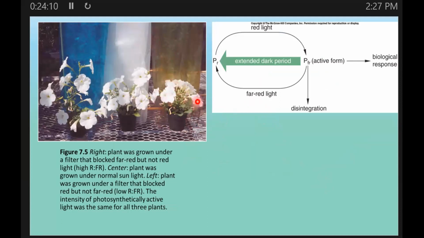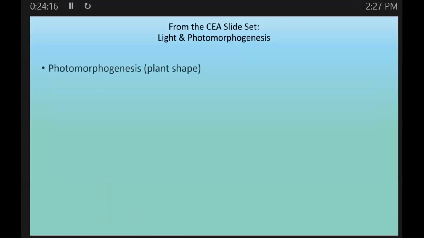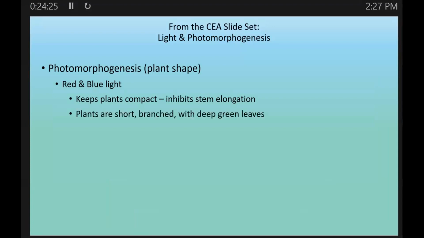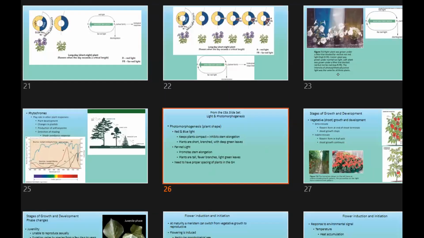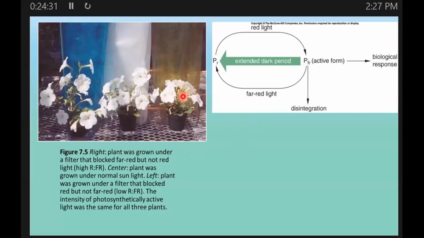So remember, back in the controlled environment slide, when I said that red and blue light keeps plants compact, right? I said that it inhibits stem elongation, plants are shorter. So let's go back to that image. So that's what's being shown on the right here, okay? So far red light and blue light give that shorter compact look.